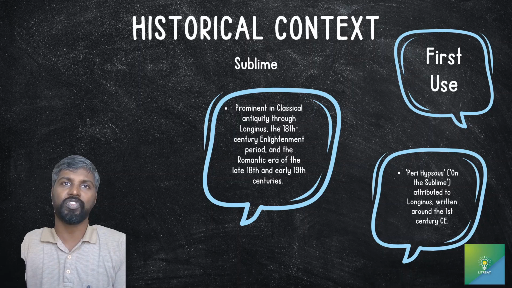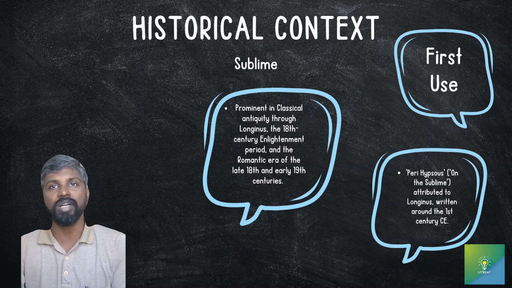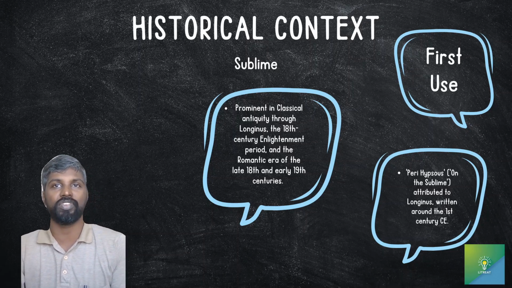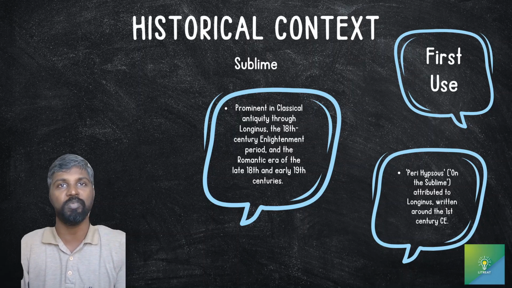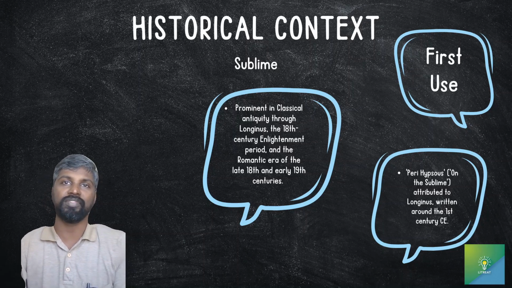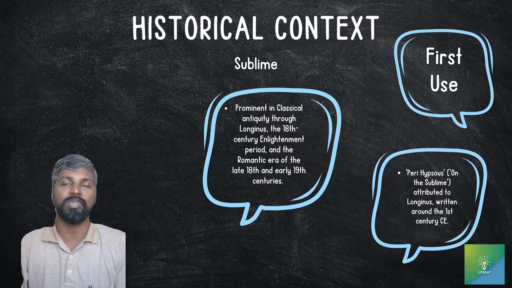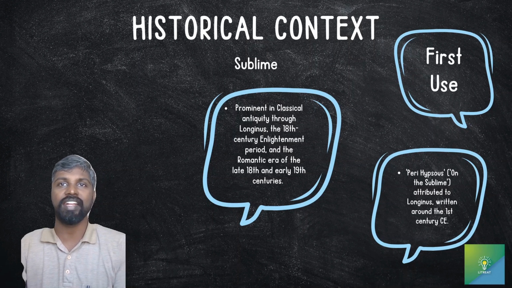The concept was further developed by Edmund Burke in A Philosophical Enquiry into the Origin of Our Ideas of the Sublime and Beautiful, published in the year 1757, and reached philosophical culmination in Immanuel Kant's Critique of Judgment, where he distinguished between the mathematical and dynamical sublime.